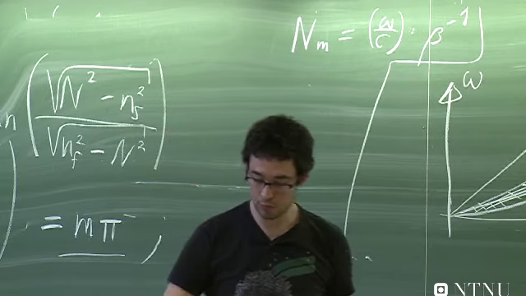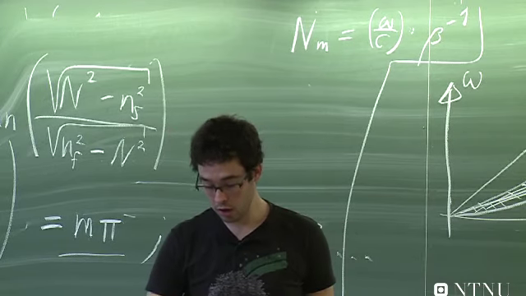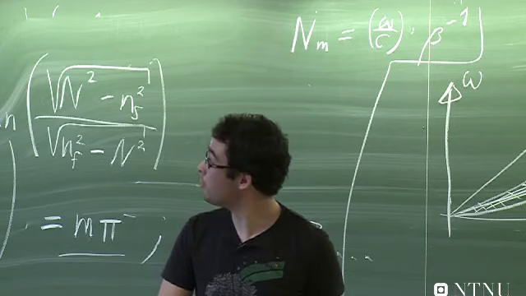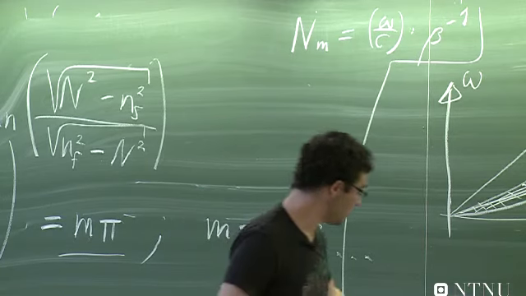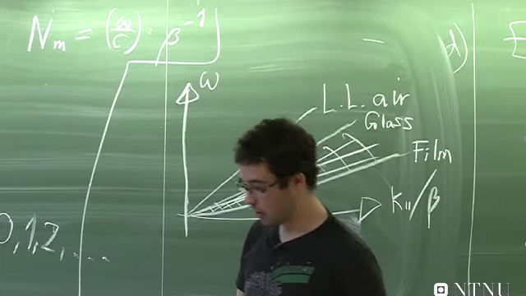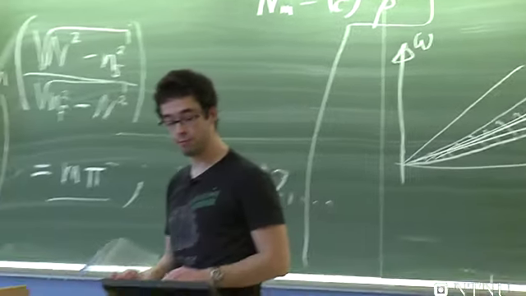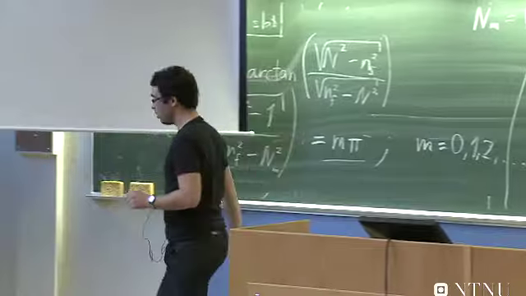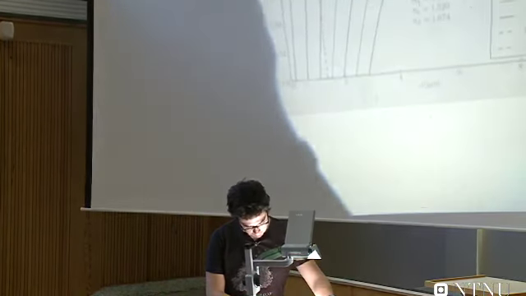So this dispersion relation, it's very hard to analyze analytically, but it turns out it's not so hard on a computer. So I plotted this dispersion relation for you. And it looks like the following.